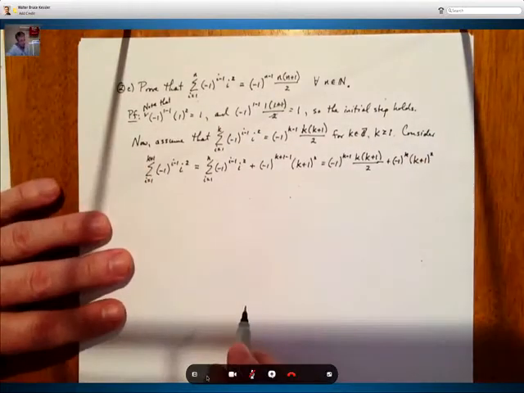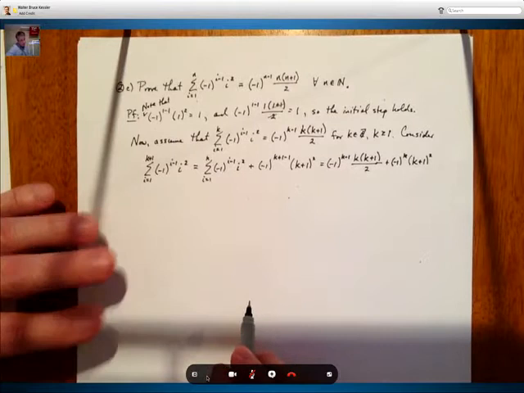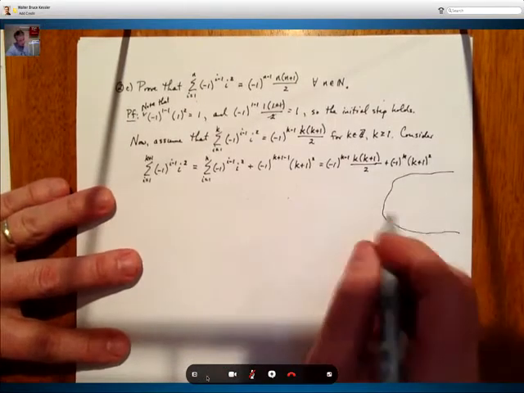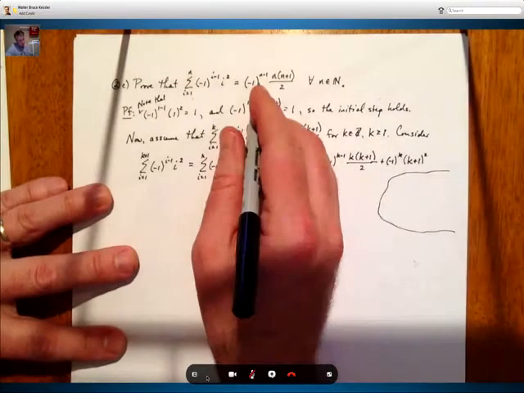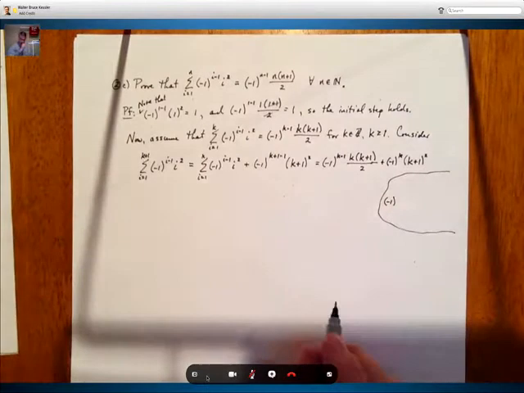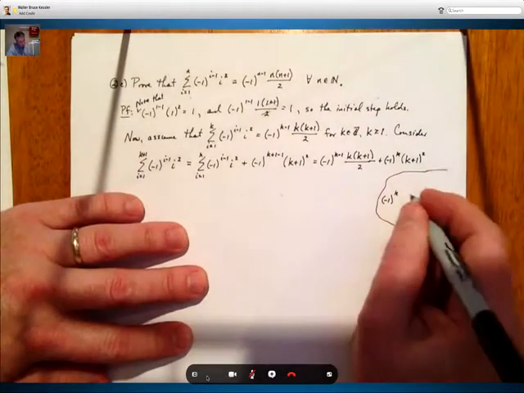Now, even though this looks messy, it's really not that bad. We need to kind of keep in mind what we hope the answer looks like. So let's think about that just a little bit. Here's my scratch work area. If we put a k plus 1 in this, we've got a negative 1 to the k plus 1 minus 1, so that's the k.